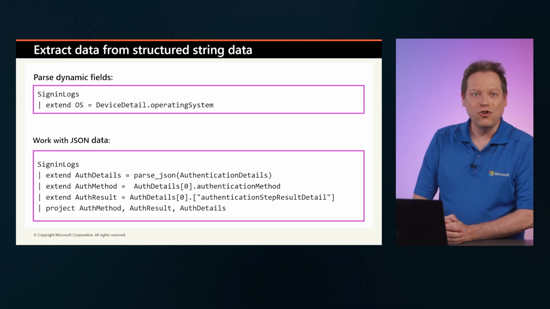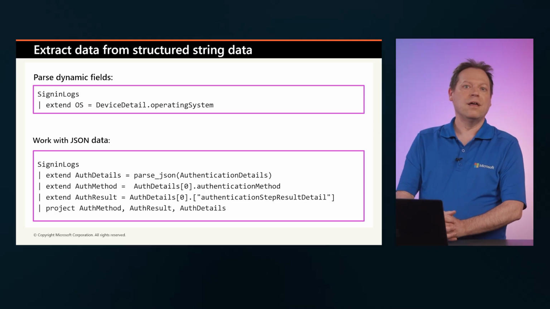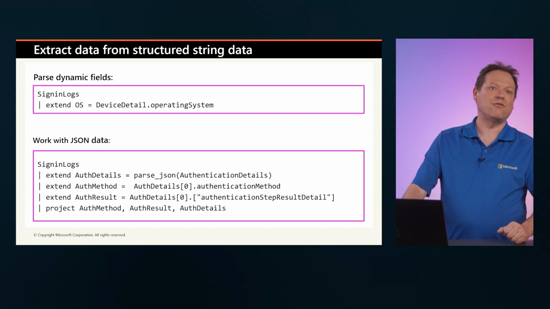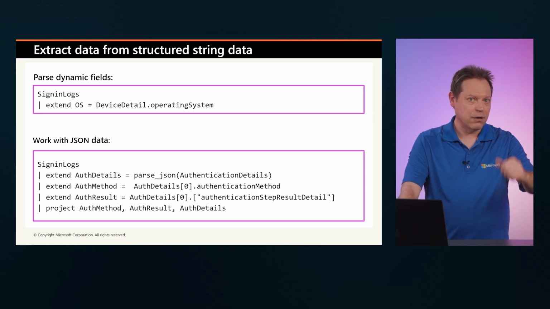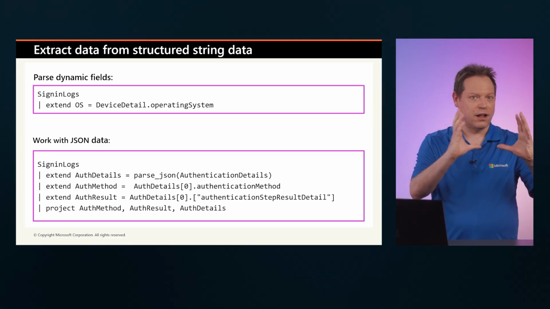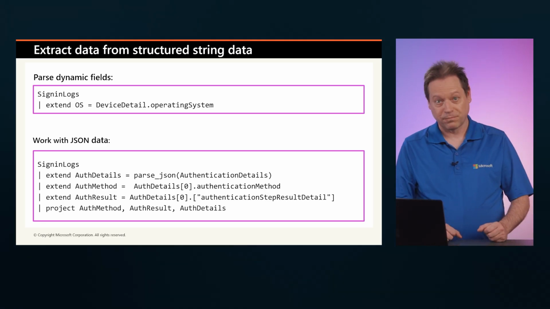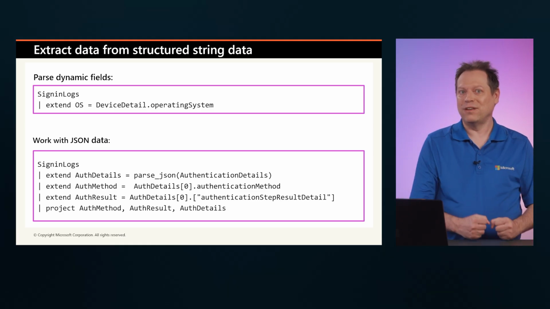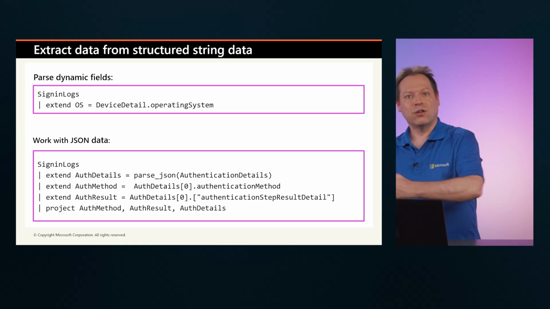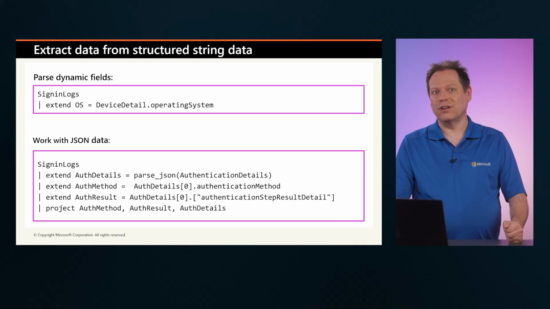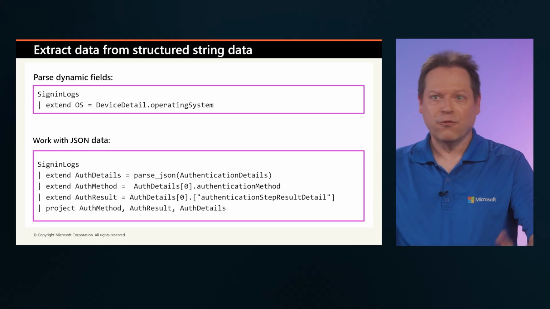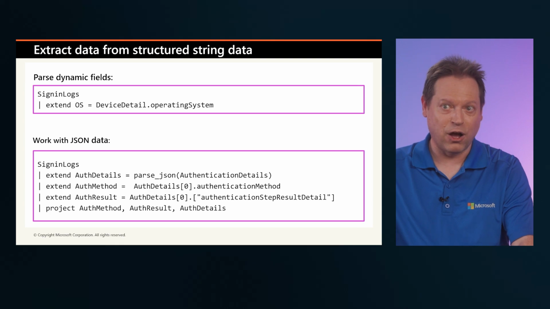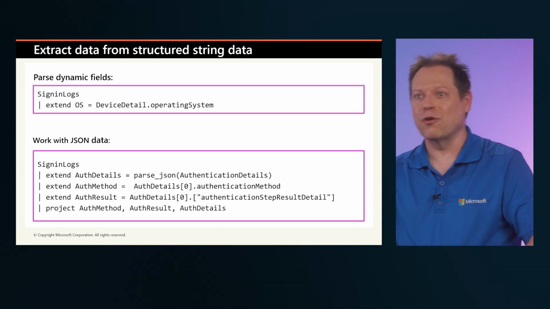For instance, you might extend AuthDetail by parsing the AuthenticationDetails field, then extracting values from the first element, like AuthMethod from AuthDetail[0].authenticationMethod, and AuthResult from a nested field, such as AuthDetail[0], the first one, and then the field name authenticationStepResultDetail. Finally, you can project AuthMethod, AuthResult, and the default AuthDetail object to validate your parsing.